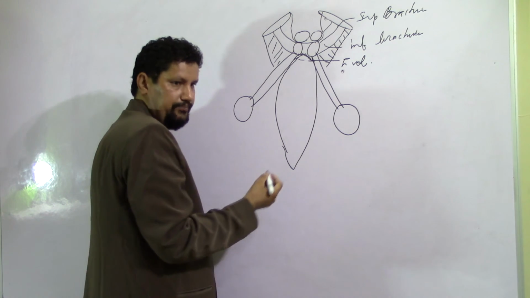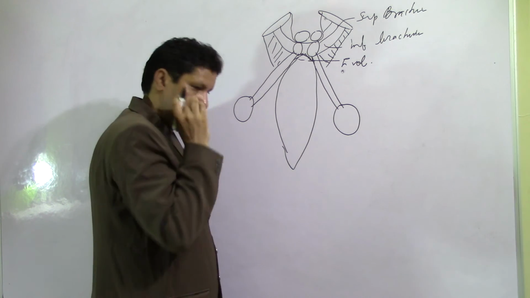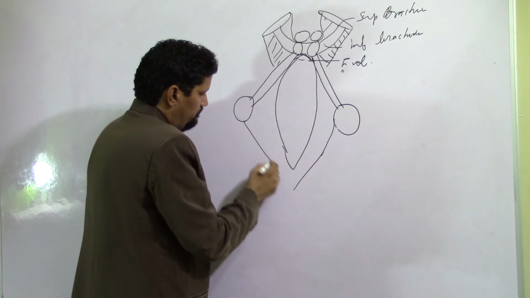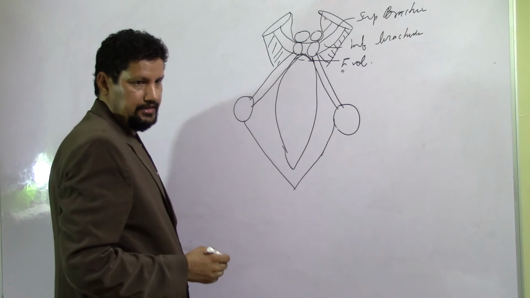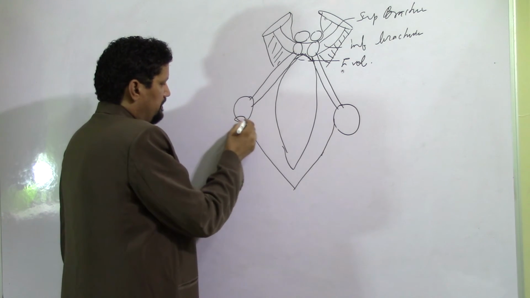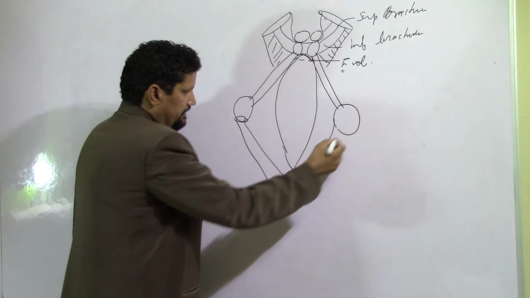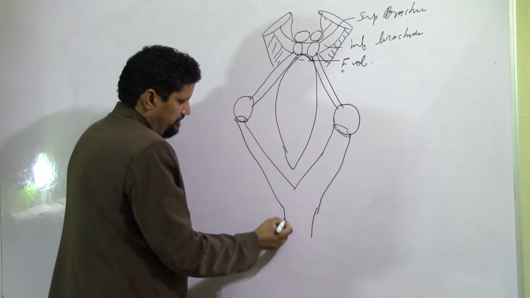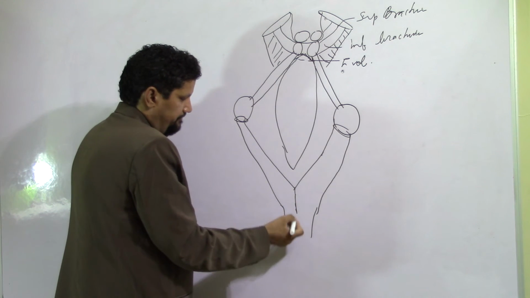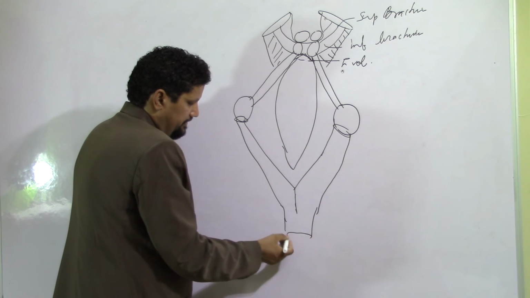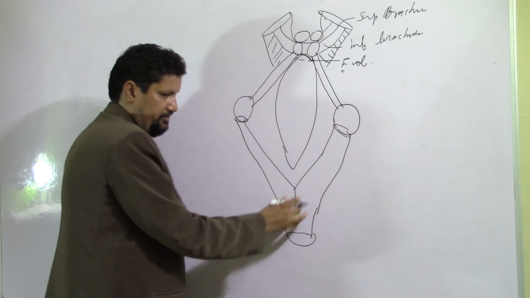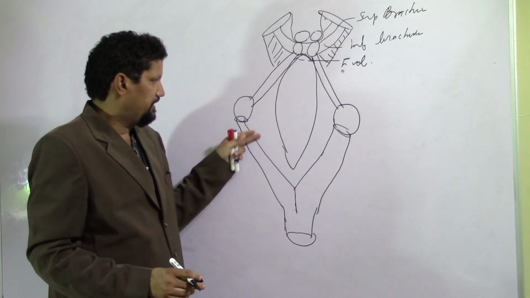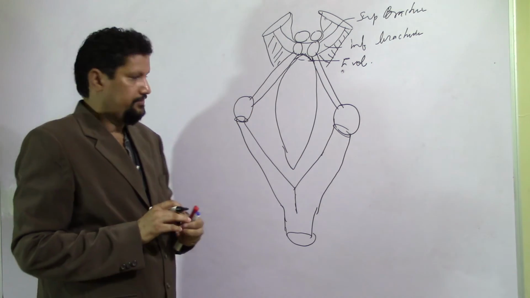Now I will draw the lower half of the fourth ventricle or rhomboid fossa. This is the lower half of the rhomboid fossa, and this is the lower part of the medulla, and it remains continuous with the spinal cord here again. The lower closed part of the medulla and upper open part of the medulla form the lower half of the floor of the fourth ventricle.